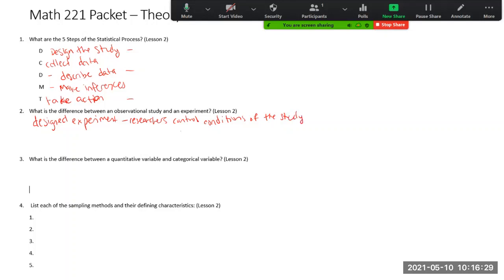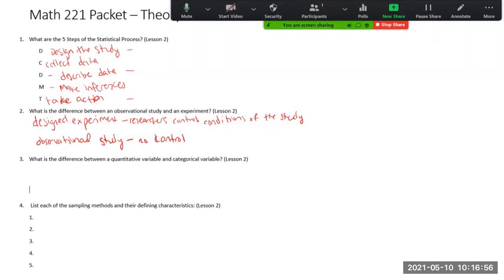Usually that means there's a control group and then there's an experiment group where the subjects are being changed, where the conditions are changed. And then an observational study is where you have no control. You're just walking around and looking at what's going on. You have no control over anything else.